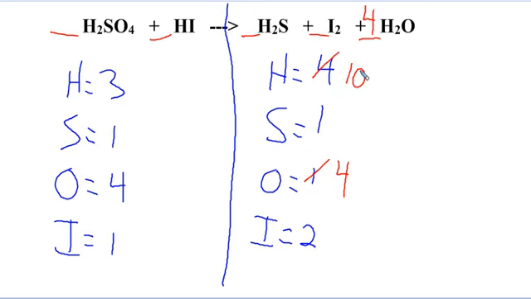Now let's do our iodines. Why don't we get 2 of those? So that gives us 2, and 4 of these. So now we have everything balanced except for the hydrogens again.